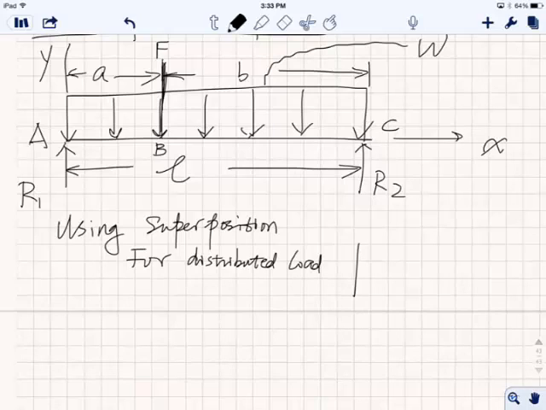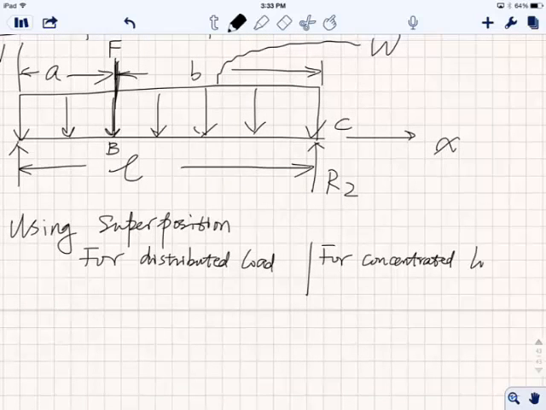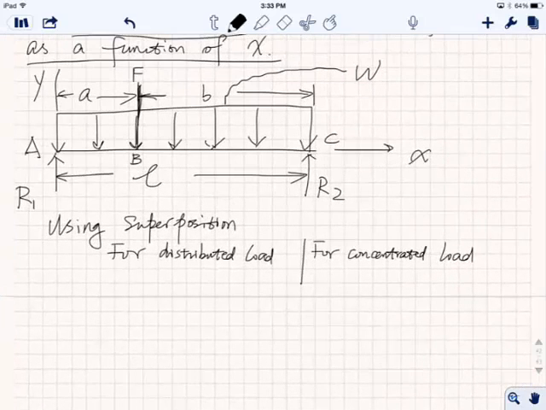Second, you have a concentrated load. Okay, so we consider them separately. Why? Because we can use the concept of superposition, right?